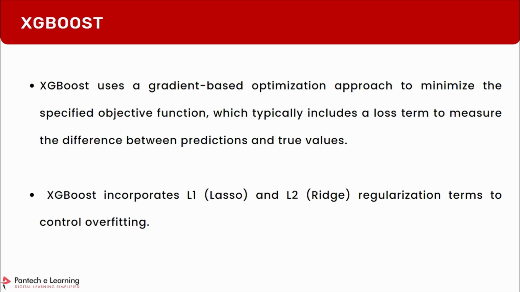So how this works, what's the difference from the other algorithms is, XGBoost uses a gradient based optimization approach to minimize the specified objective function, which typically includes a loss term to measure the difference between the prediction and the true one. So it will find the loss term, based on the difference between your predicted and the original one.